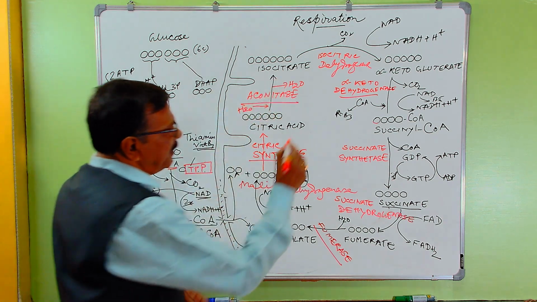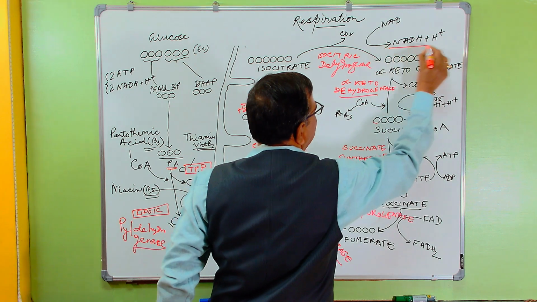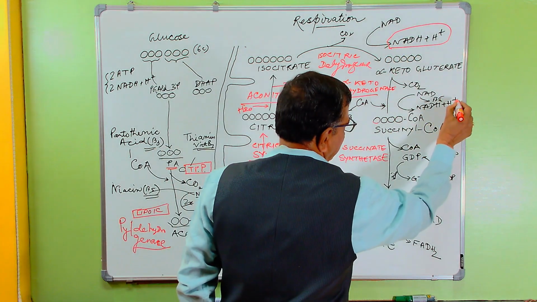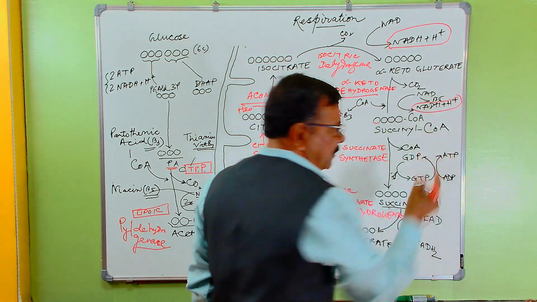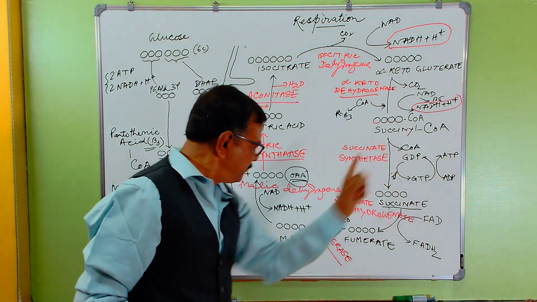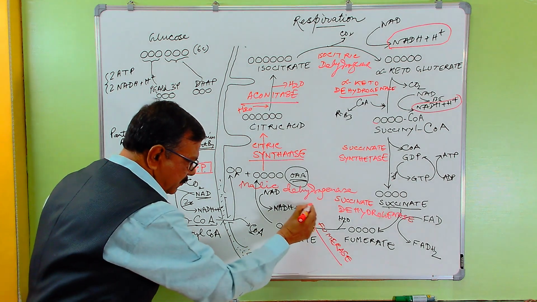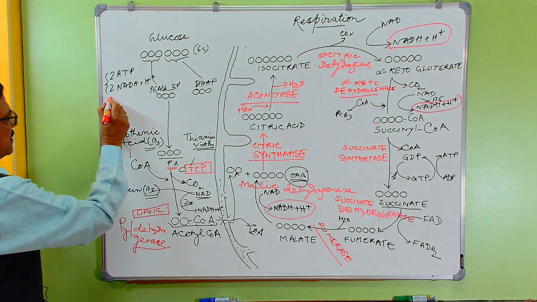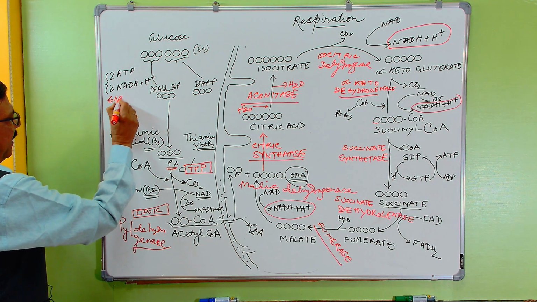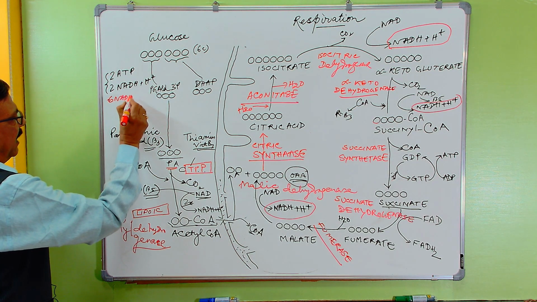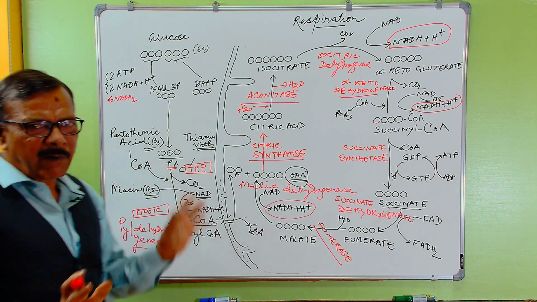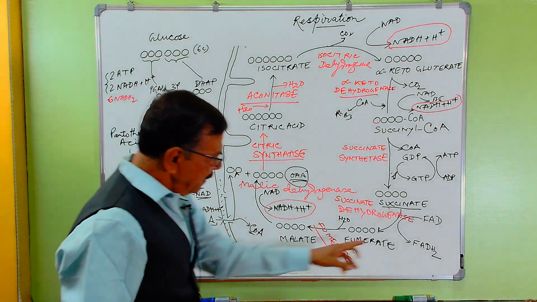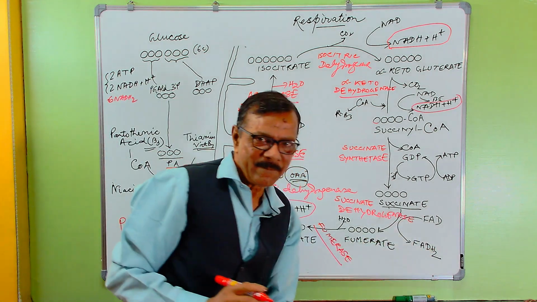So here NADH is produced 2, then 2 to 4, and here itself 2, so 6 NADH2 is produced, for our currency purpose.